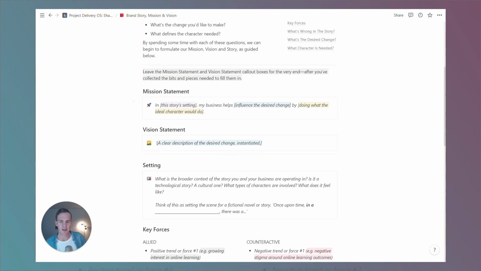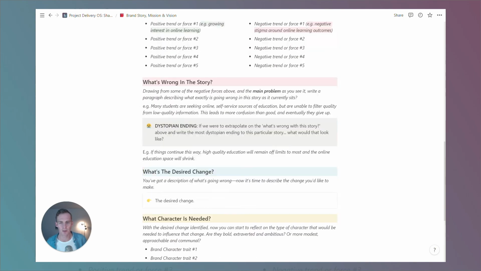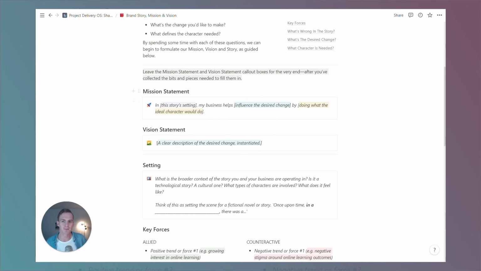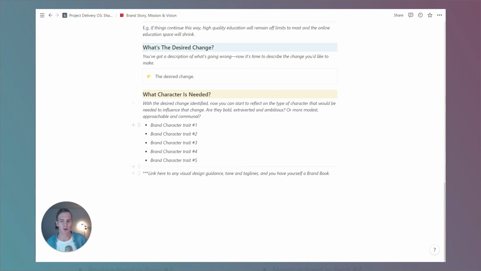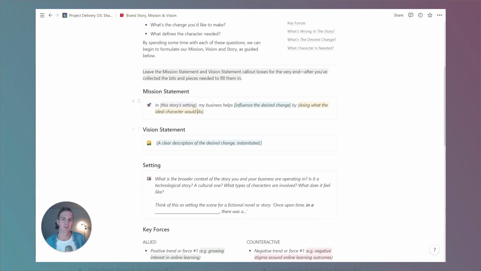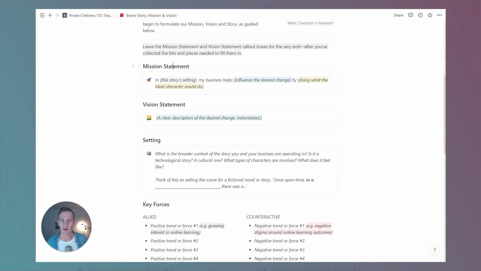But at the very least, what I'd like is if you're in a position where you could formulate a mission statement using this formula which has been provided, which is, in this particular story, my business helps to influence the desired change, which we should have now, by doing what the ideal character would do. Obviously there's a lot of wiggle room within that framework, but it's just something to help you structure or formulate a sentence for what the particular mission is.